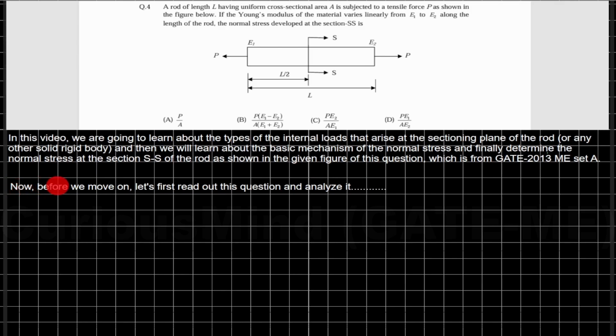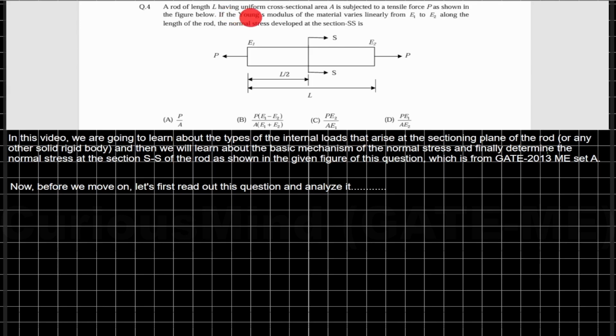Now, before we move on, let's first read out this question and analyze it. A rod of length L having uniform cross-sectional area A is subjected to a tensile load P as shown in the given figure.